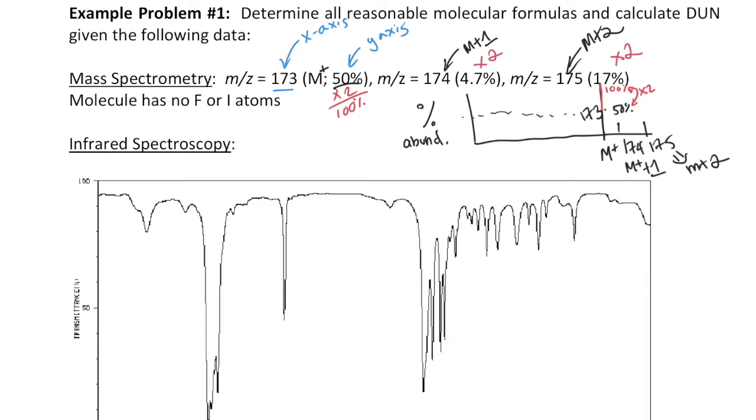To be prepared for this kind of problem, you want to have a little calculator, because sometimes the math's very easy, but sometimes it's decimals, like 4.7. If we scale that by a factor of 2, you should get 9.4%. And then we multiply 17% by 2, we should get 34%.